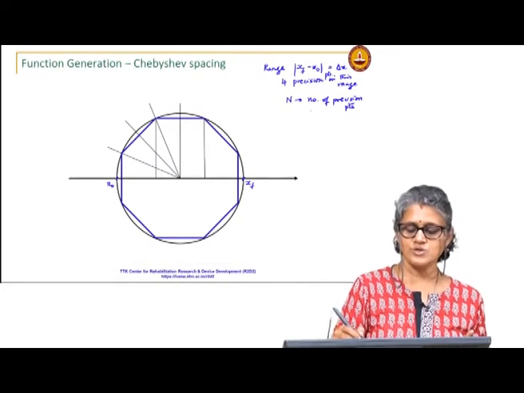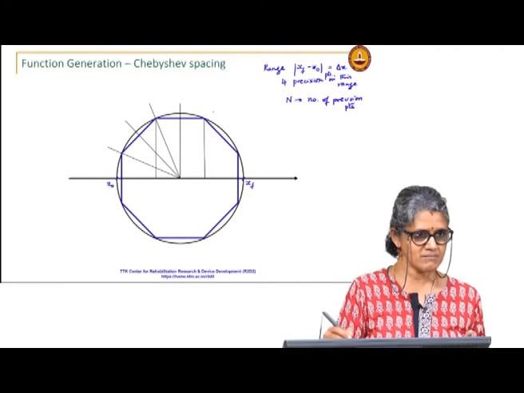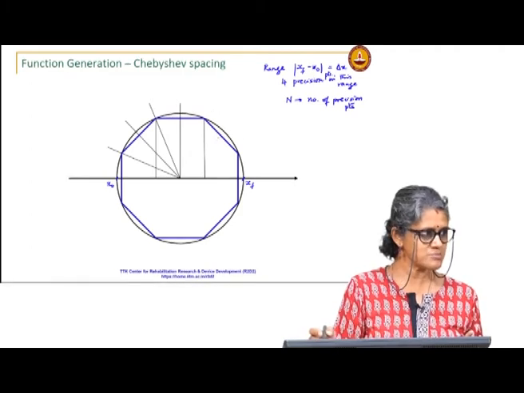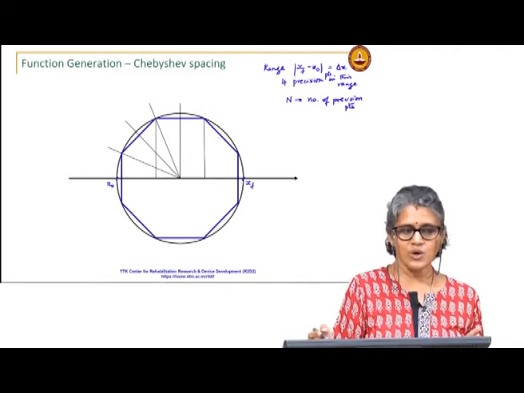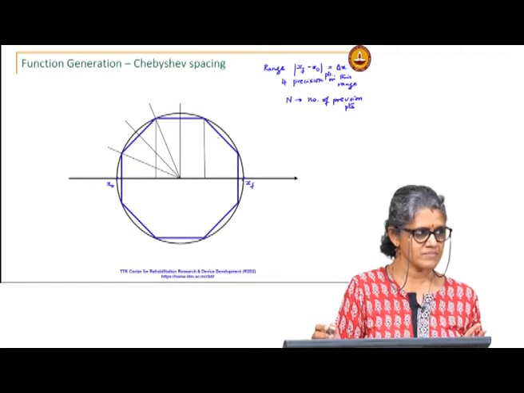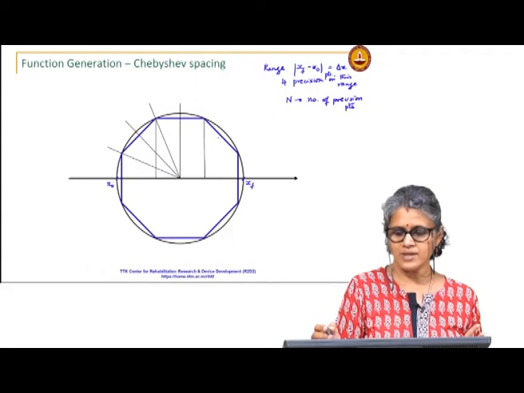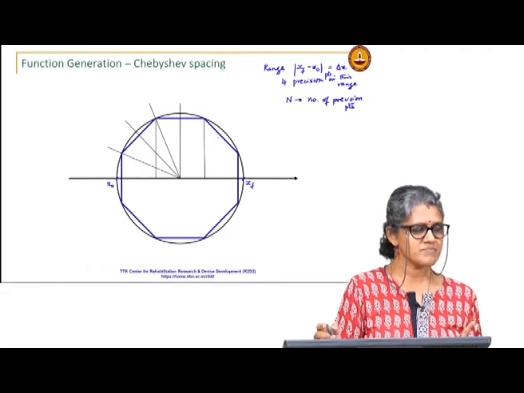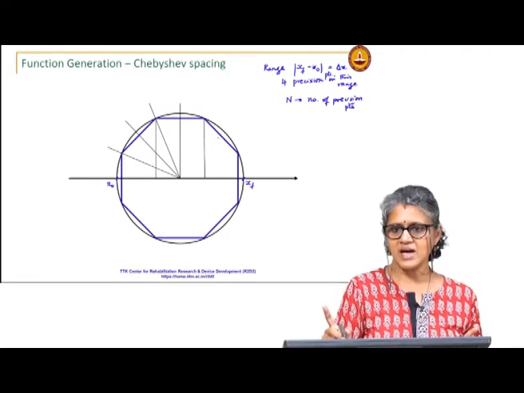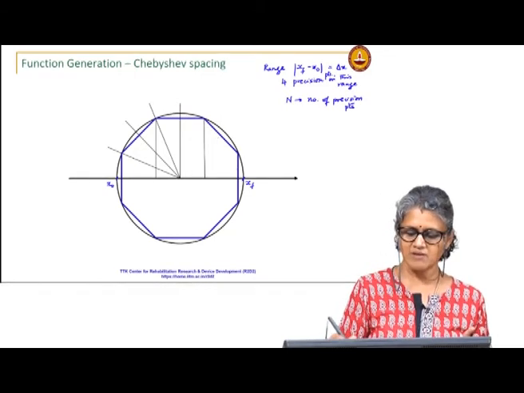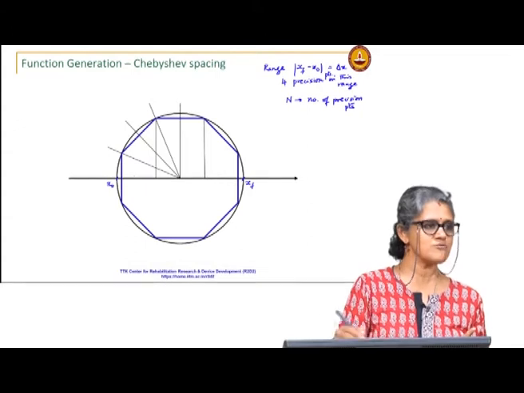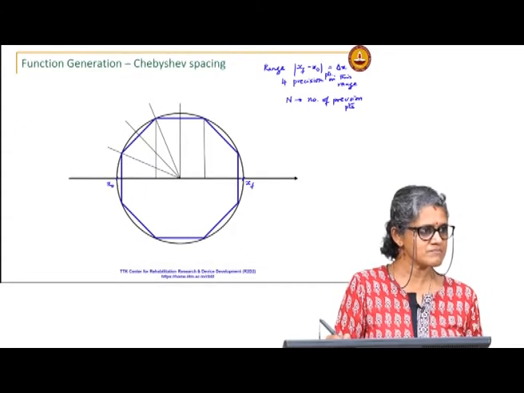So for 4 precision points, I draw an 8-sided regular polygon, inscribed in such a way that 2 of its sides are vertical.